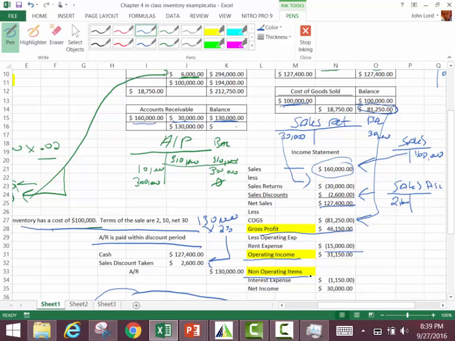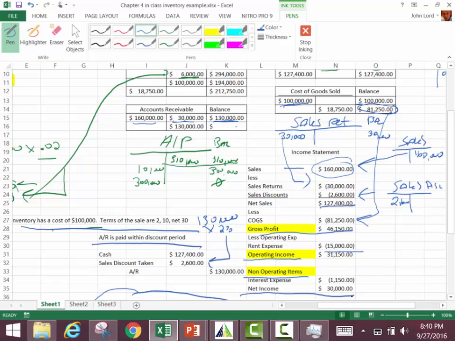If we were a bank, interest expense would be considered an operating expense because it's our day-to-day business, isn't it? Okay, but we would consider our interest expense non-operating. The difference between our revenues and our expenses, we've already learned, is what? Net income. Okay, so that bottom part of the financial statement, rent expense, is an operating expense. Interest expense is a non-operating expense, but just like revenues minus expenses are net income, right?